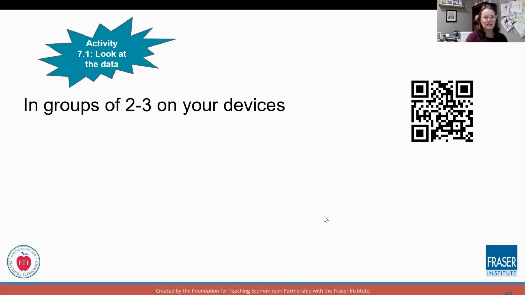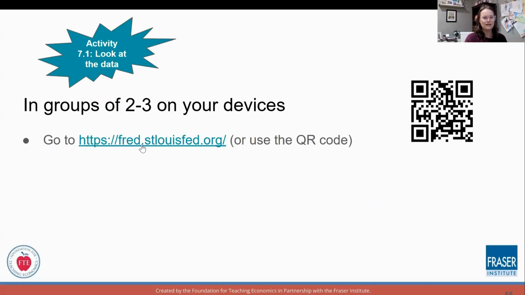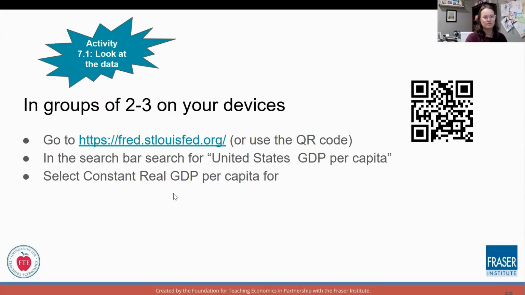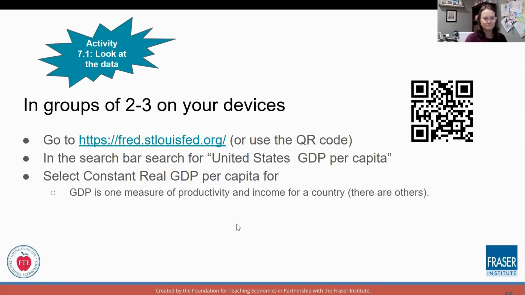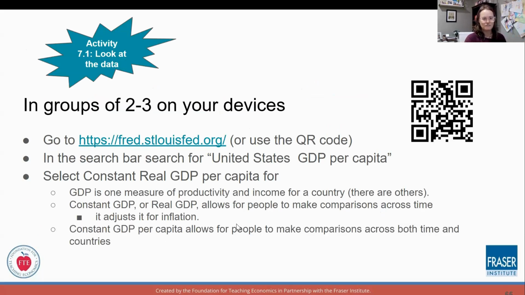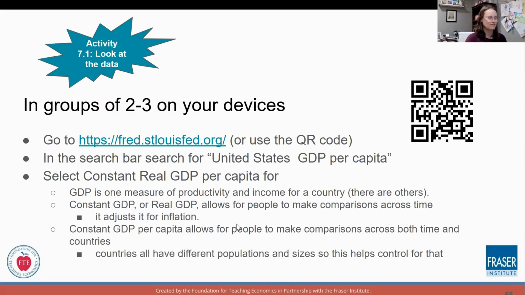Okay, in groups of 2 to 3, go to fred.stlouis.org, or this QR code will take you to FRED. Then search for United States GDP per capita. I've given you some instructions. I want you to look through this and select the constant real GDP per capita.